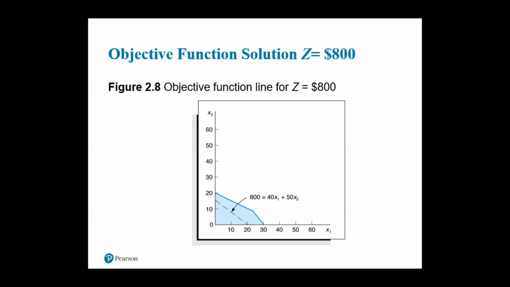So the solution must be one of A, B, C. And the one that is farthest from the origin will be the optimal point. And that will be the solution. If you want, you can slot in the values.